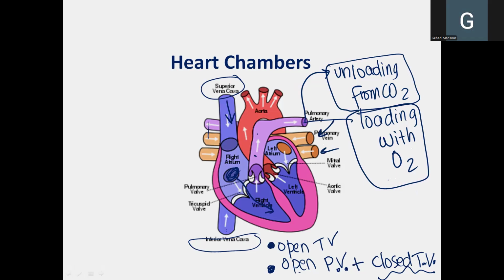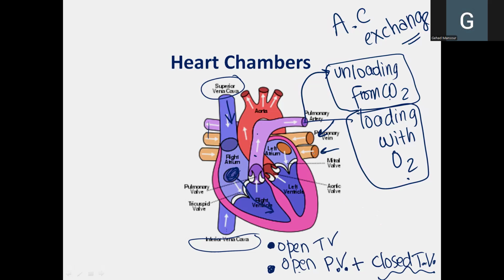Why have I mentioned it that rapidly? Because it's part of the total flow inside the heart. But if you're ever asked about the alveolo-capillary exchange in the lungs, it would not be enough to just say unloading of carbon dioxide and loading with oxygen. You should mention diffusion down a concentration gradient, and we will be doing this.